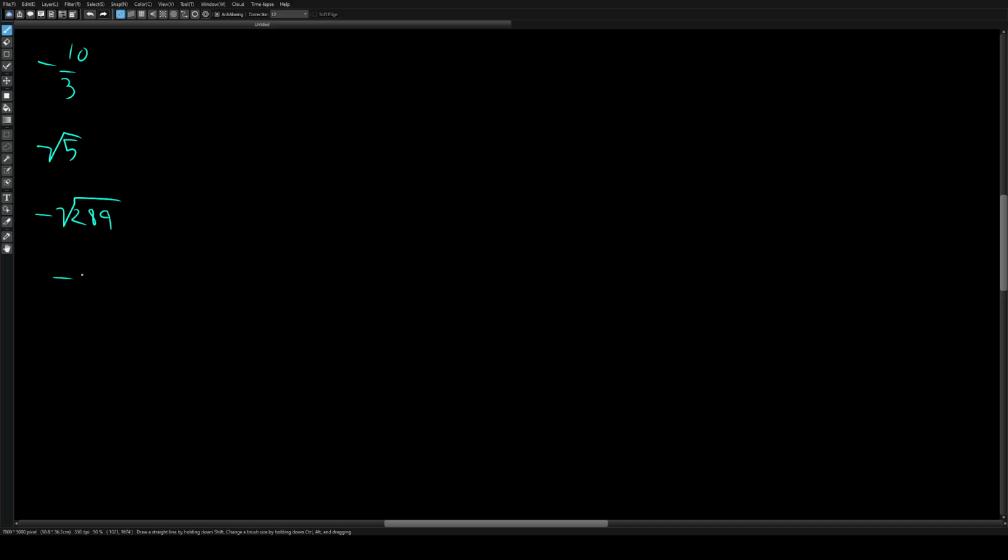Let's try negative 6 pi. Pi is a very interesting one. And then let's try a decimal: 0.615384615384. So we already know this is repeating. It's a dead giveaway.